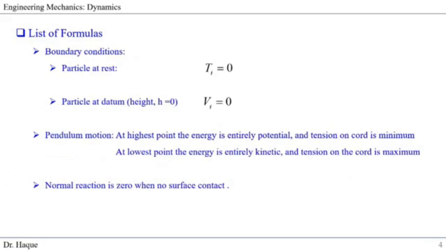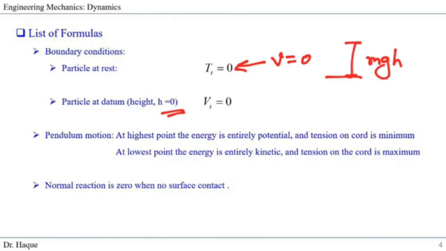Let's move to the next step, a general understanding that will cover most of the concepts you need to solve most of the problems in your textbook. If your particle is at rest, your kinetic energy is 0, and we also know that the potential energy V depends on height, mgh.